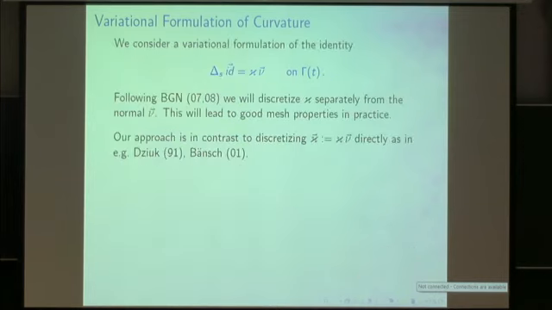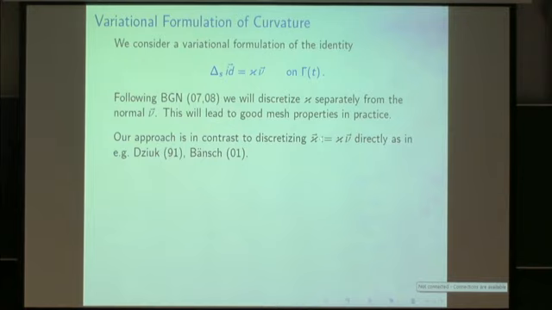And a crucial aspect in our work is to discretize the curvature independently of the normal. This is in contrast to the previous work by, say, Dziuk and Bänsch for the one-phase flow, where they discretize this quantity together. So you can think of, if you have some discrete approximation of your interface, you could just apply the discrete Laplacian to your position vector, and you get a new vector, which is your curvature vector, which gives you two things in one go.